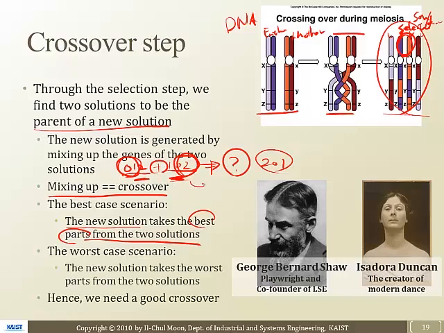And then we mix it over, and if we create the 0, 1, 2, then we are not that successful in creating a new solution. So we want to have this best case scenario, but sometimes our crossover creates a not such a good idea in terms of the quality of the solutions, so we have to be careful about it. So hence we need a good crossover.